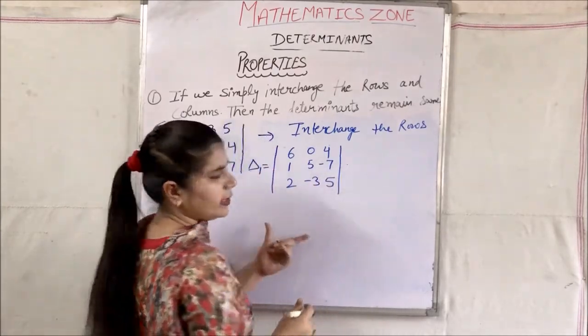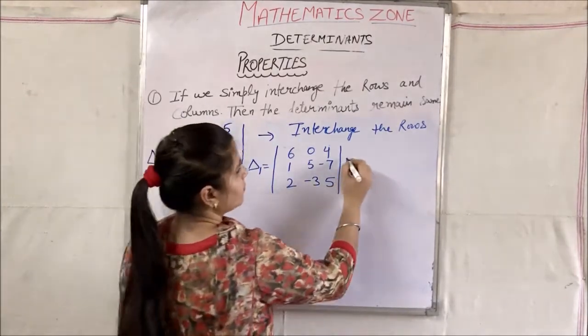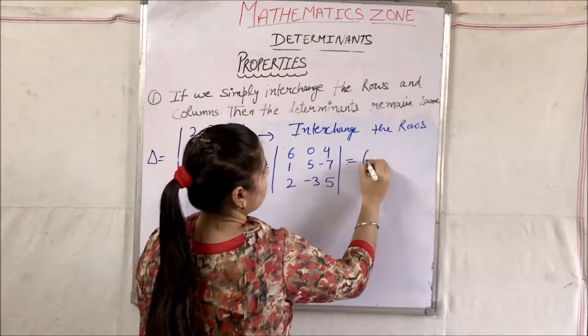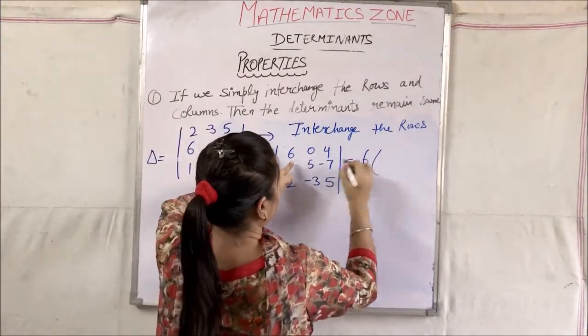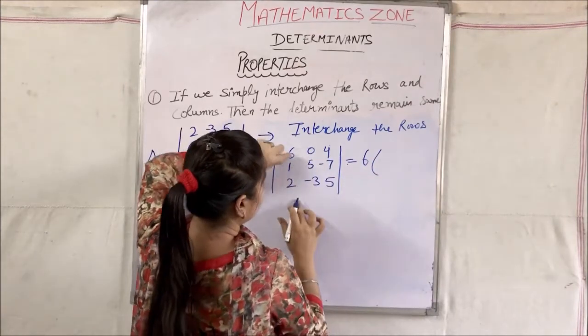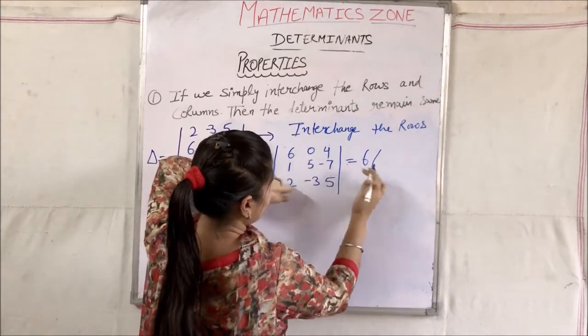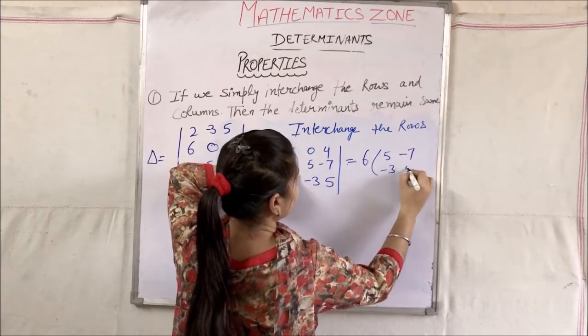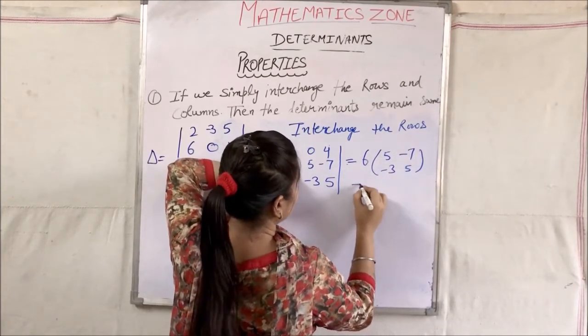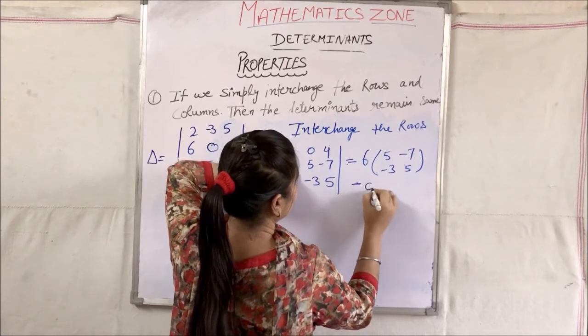So let's calculate our delta 1. We will expand our first row. So we will leave our first column and first row. The remaining will be 5 minus 7, minus 3 and 5, plus minus 0.